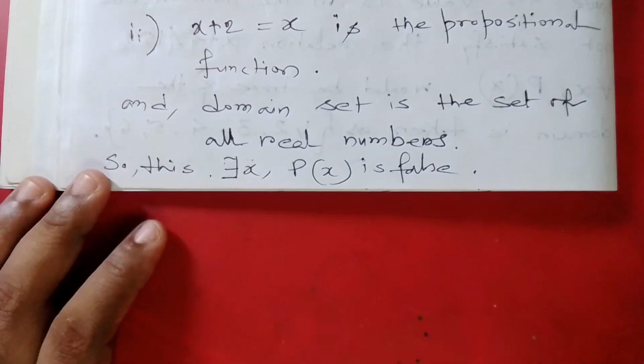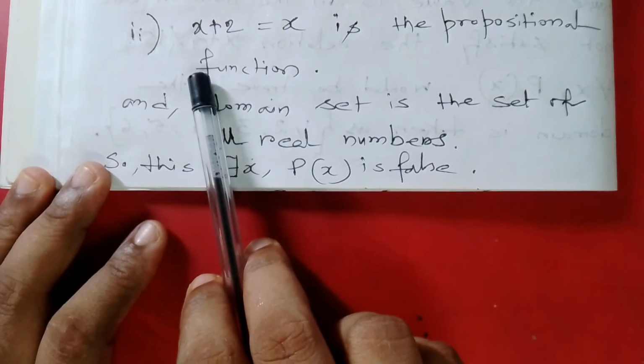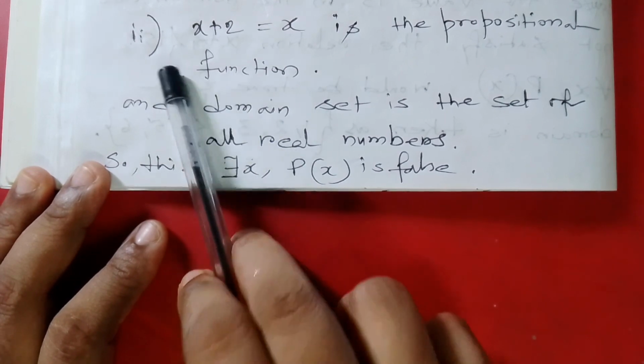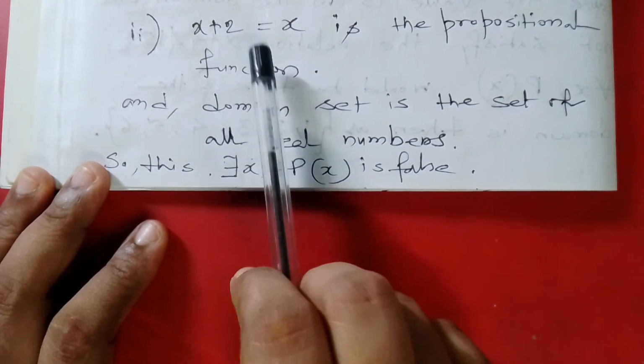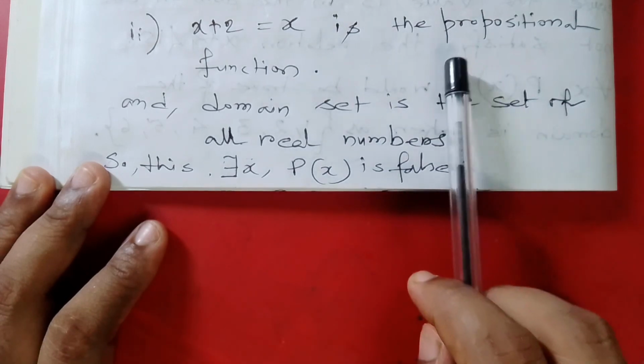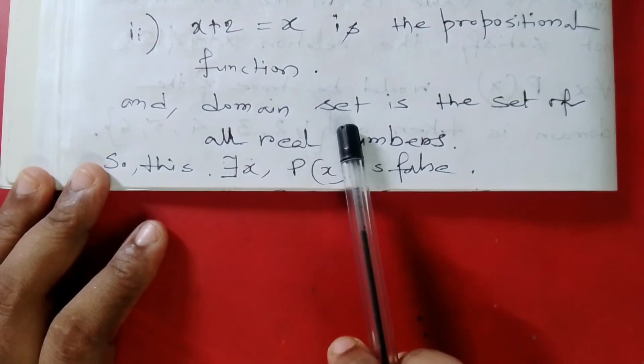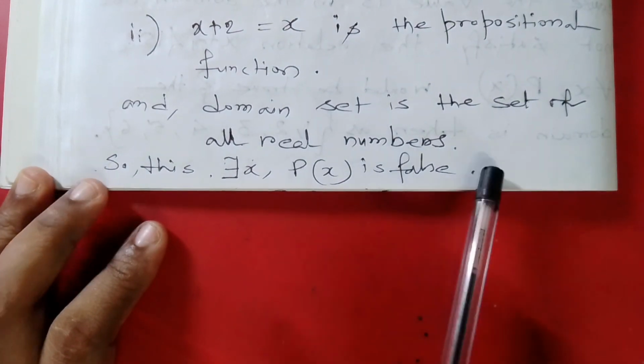Now coming to the second example of existential quantification, P(x) is x plus 2 is equal to x, and the domain set is the set of all real numbers.